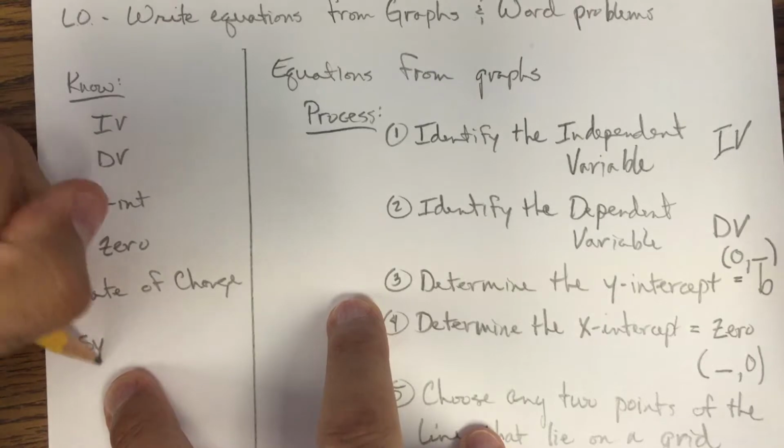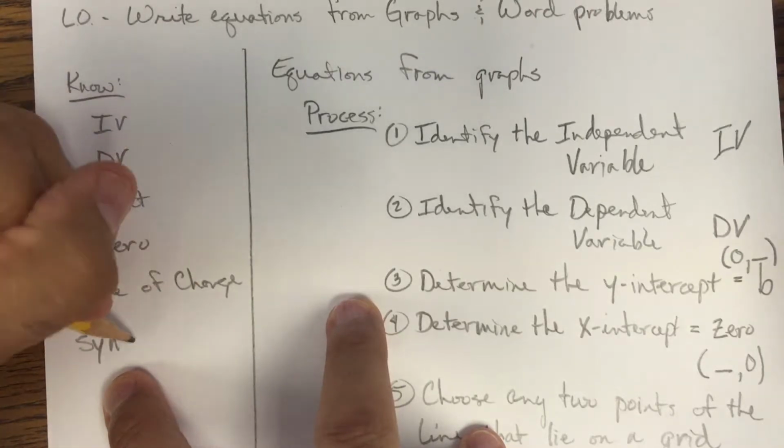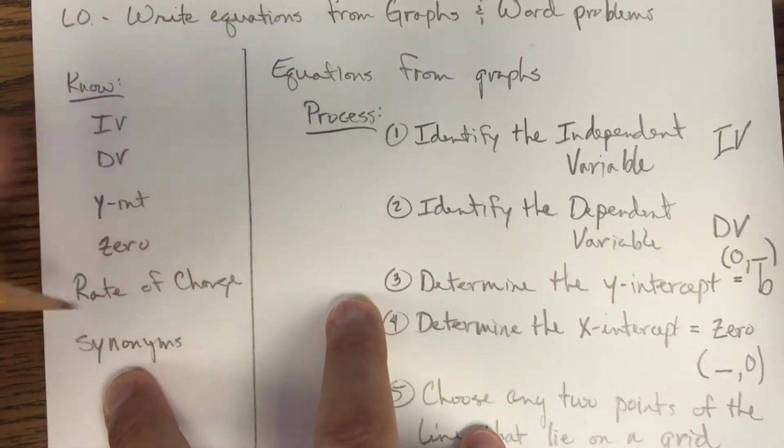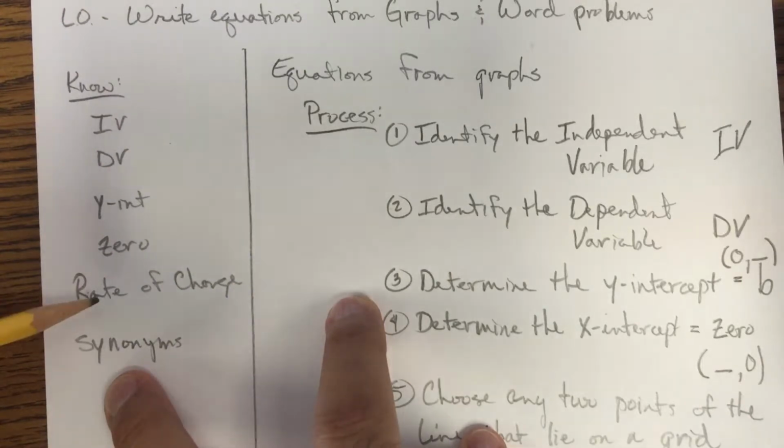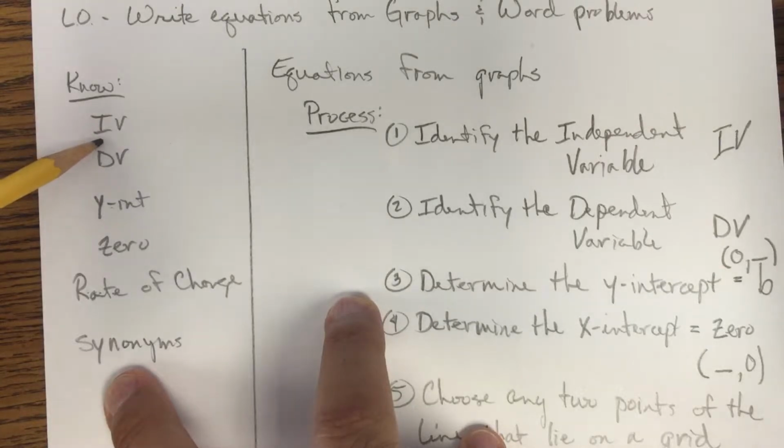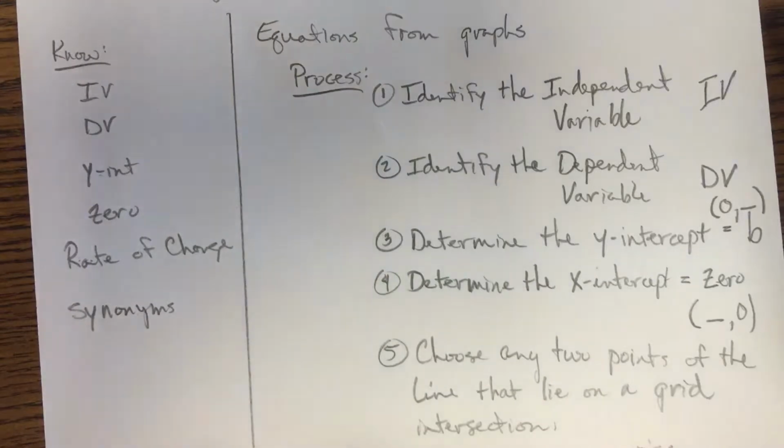And we need to know all the synonyms for all of these words. Rate of change is rise over run, it's m, it's slope. The y-intercept is b, it's the starting value, it's the initial value. The independent variable is the input, it's the domain, it's the cause. We need to know all the different synonyms.